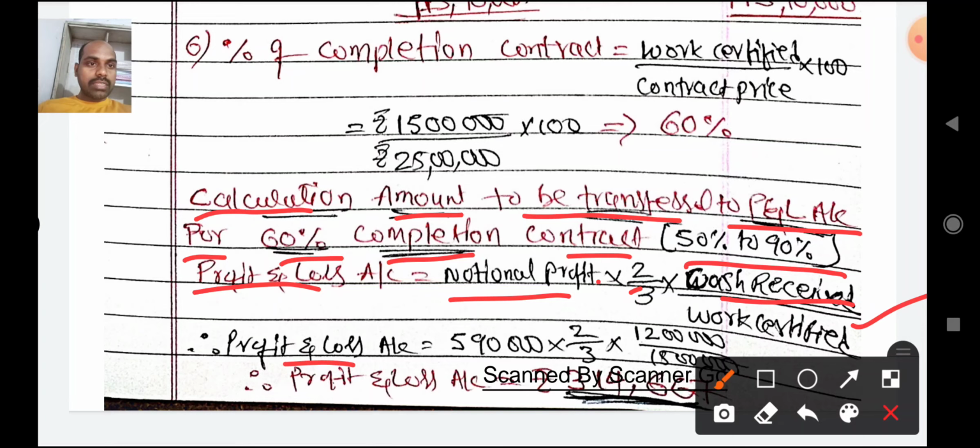So profit and loss account is equal to 5 lakh 90,000 into 2 by 3 into 12 lakhs divided by 15 lakhs, or directly you can use cash received percentage, that is 80%. If you do 12 divided by 15 also, it will be 80%. So therefore the amount to be transferred to P&L account will be 3,14,400, I think.